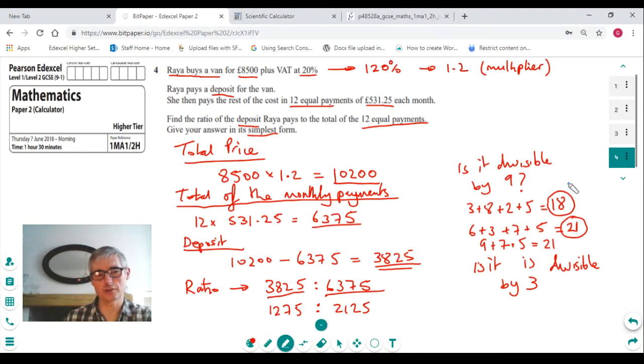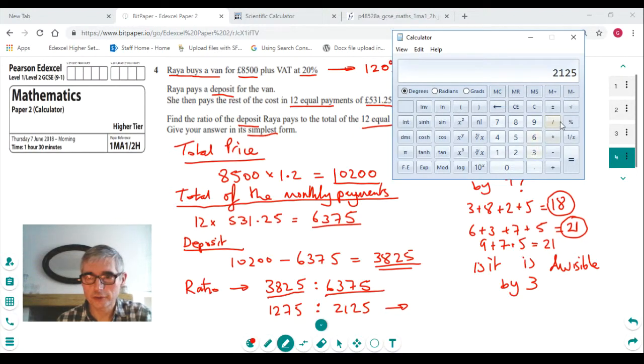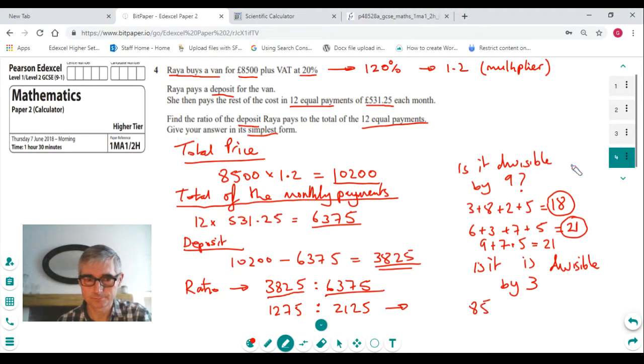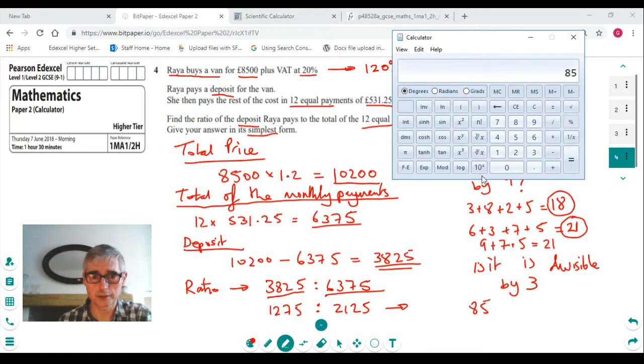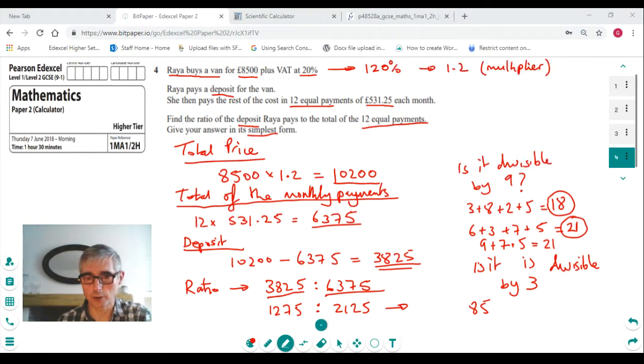We can actually see as well, it's going to be divisible by 25, so I'm going to break it down a little bit further to make the numbers a bit smaller again. So if I divide that one by 25, we're going to get 85 there. And the first number, if I divide that by 25, we can say that 1275 divided by 25 is 51. So that simplifies to 51 to 85.